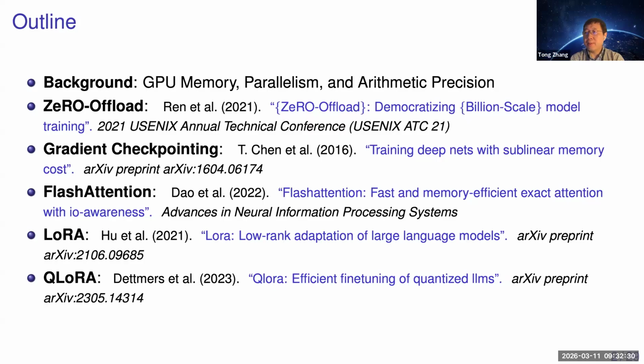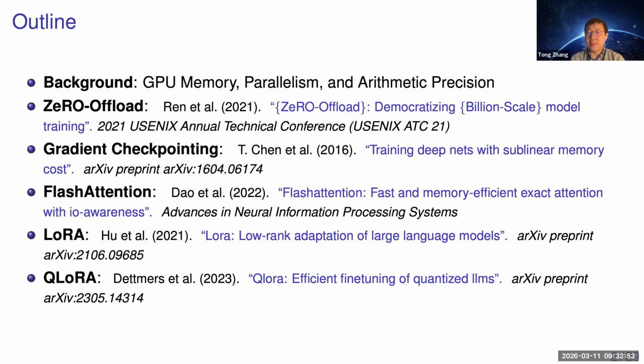We will first talk a little bit about how model training works with the CPU-GPU architecture, like parallelism, and also arithmetic precision. This is very typical for this kind of training. Part of that is speed, part of that is memory.